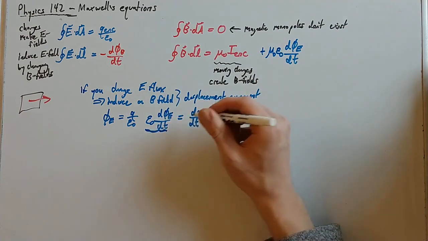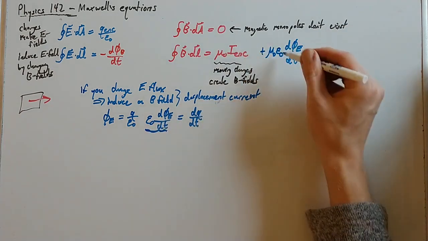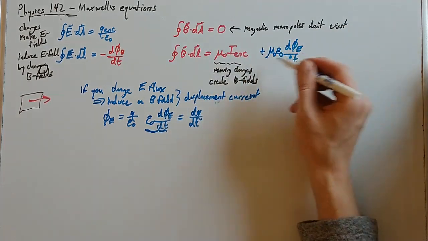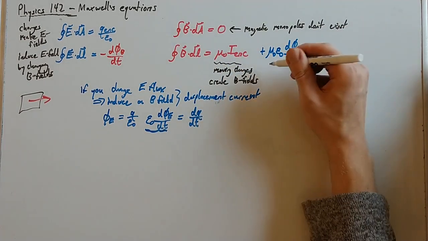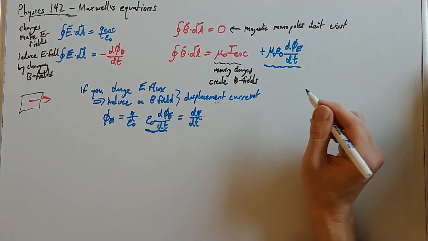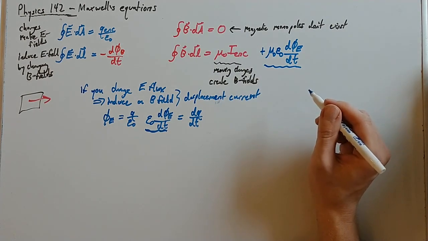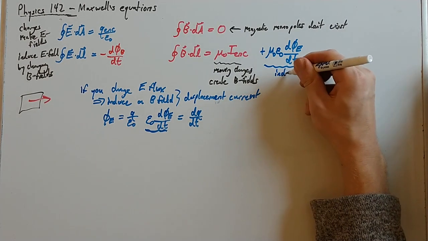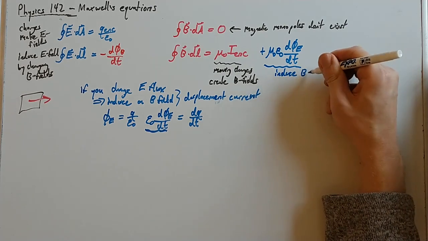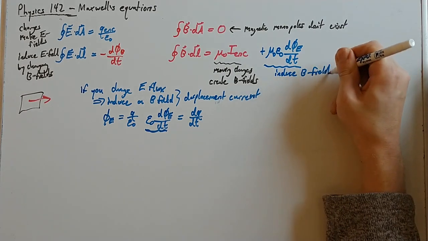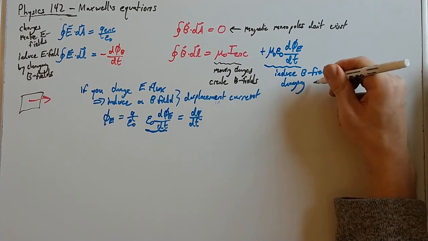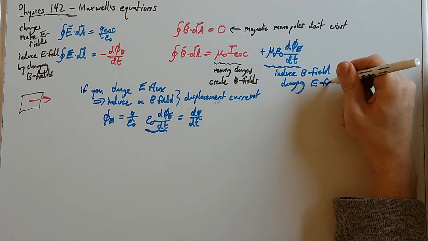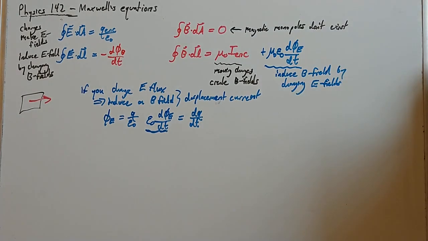If this is like current, this is a lot like I. So the mu naught gets distributed. So you end up adding an extra term to this equation. And when you do that, this term is saying that you can induce a B field by changing E fields. And that is pretty cool.